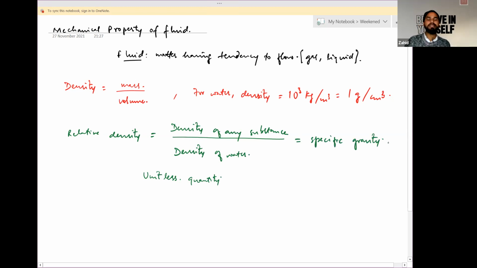Wahid, is it clear till this part? Okay.